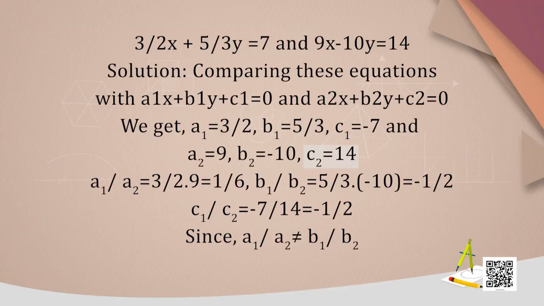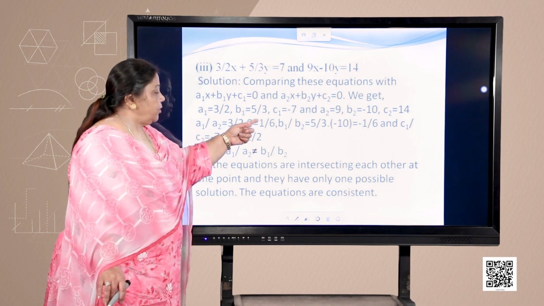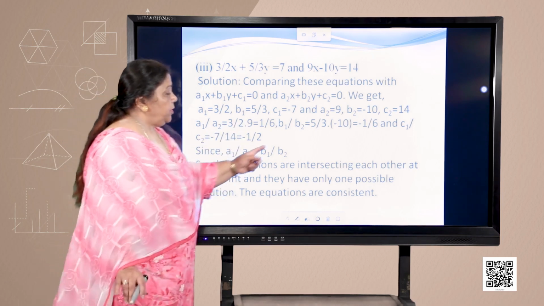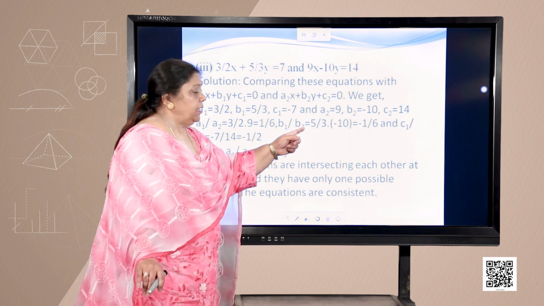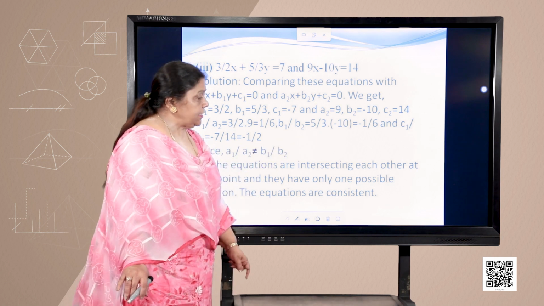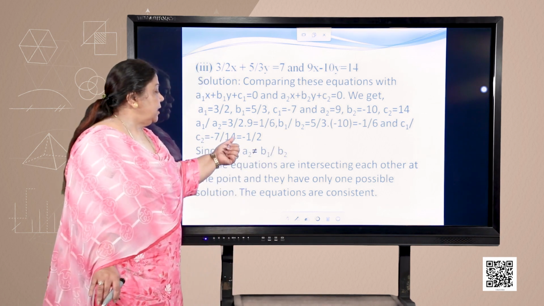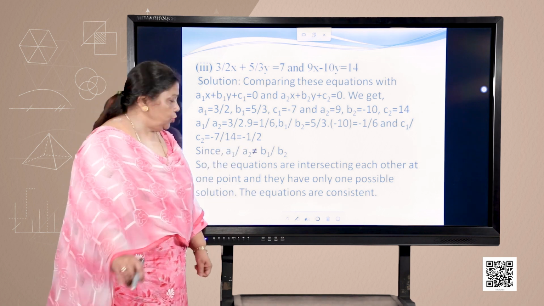We can see here a1 upon a2 is equal to 3 upon 2 into 9, that is 1 upon 6, b1 upon b2 is equal to 5 upon 3 into minus 10, that is minus 1 upon 6 and c1 upon c2 as minus 7 upon 14, that is equal to minus 1 upon 2.